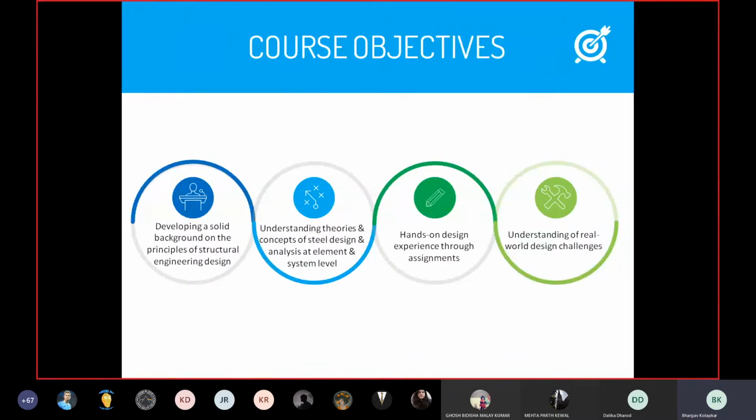So basically, what we are going to try to do is develop a solid background. Now, what I believe is anybody can teach you the process. Anybody can teach you the process of design, process of selection, or process of anything. But what I can really contribute here is I can answer a why to everything.